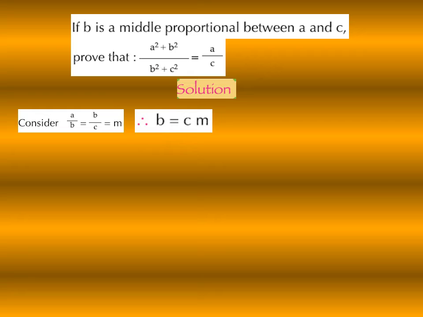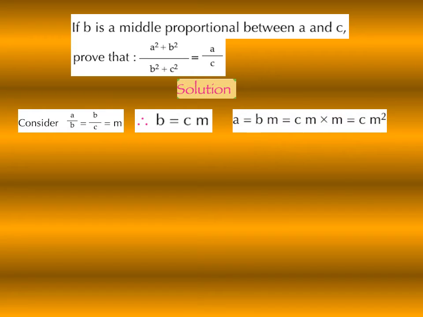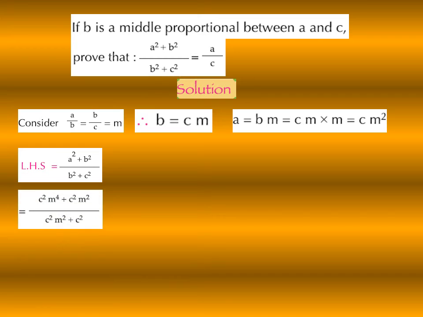Therefore, B equals CM and A equals CM to the power 2. The left hand side will equal C squared M to the power 4 plus C squared M to the power 2, over C squared M to the power 2 plus C squared.